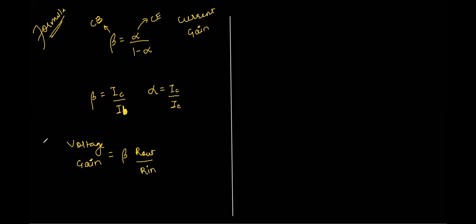Of course, you must have understood that for a common base arrangement, right? Similarly, you have power gain. You have power gain given as beta square into R output upon R input, right? I hope the concepts are clear to all of you, right?